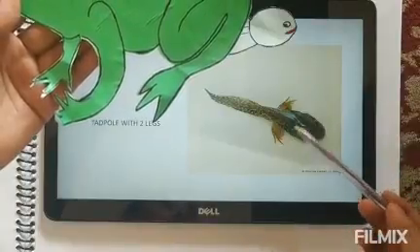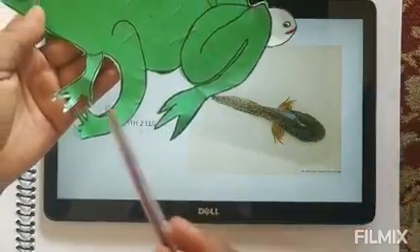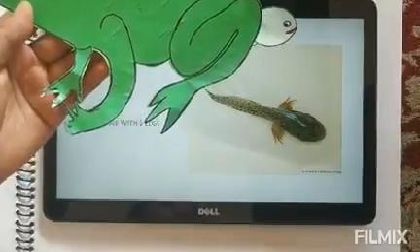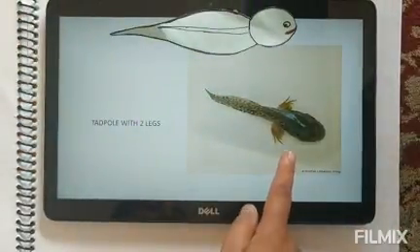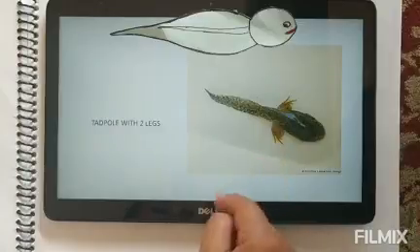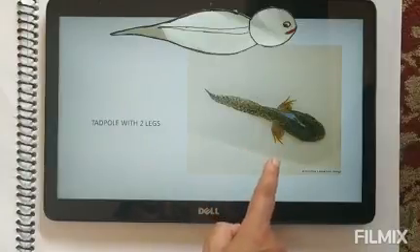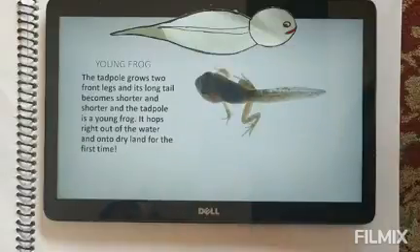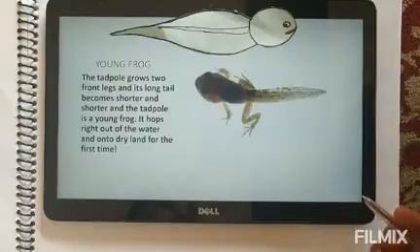Initially they have two. Let's see if they will get two more now. Now this tadpole is growing. Okay, so some changes are happening, and let's see what the changes are. Can you see the changes now?